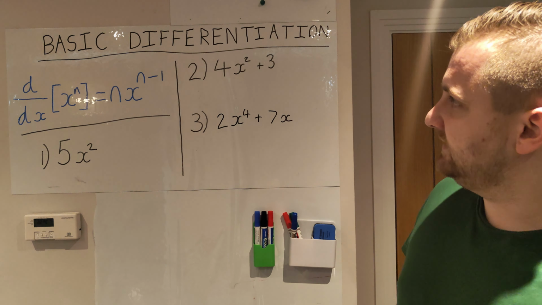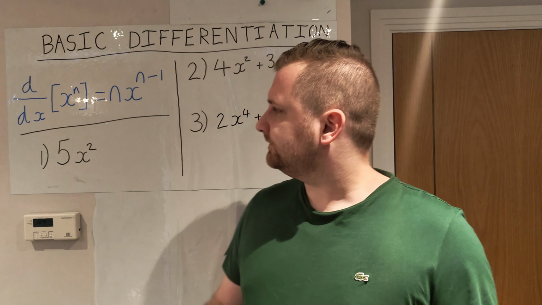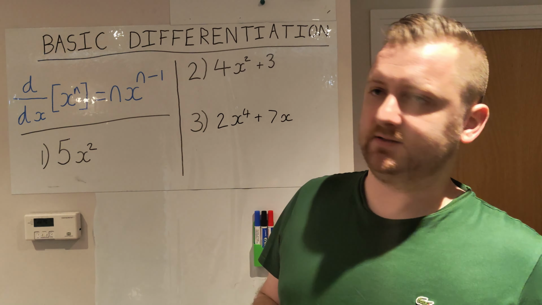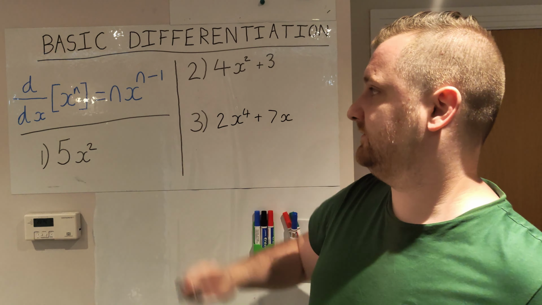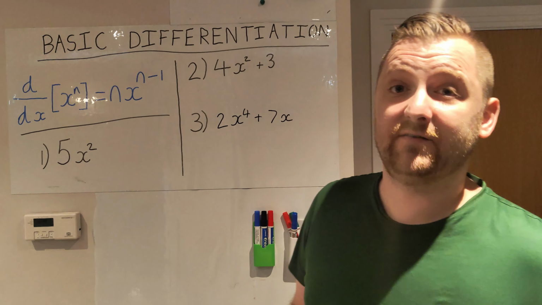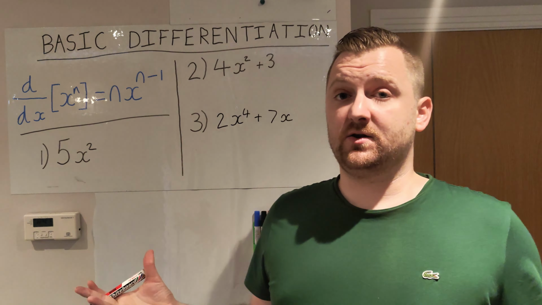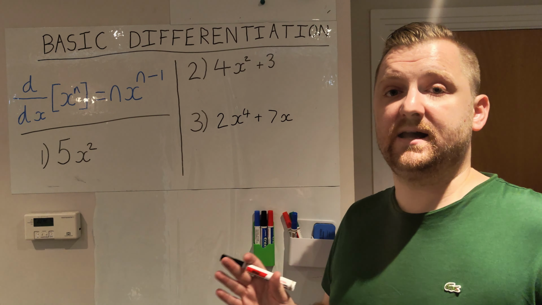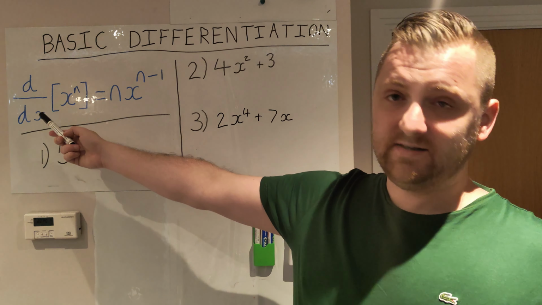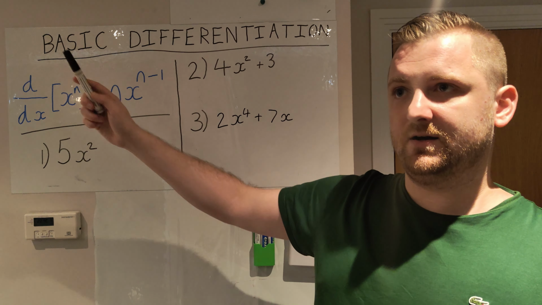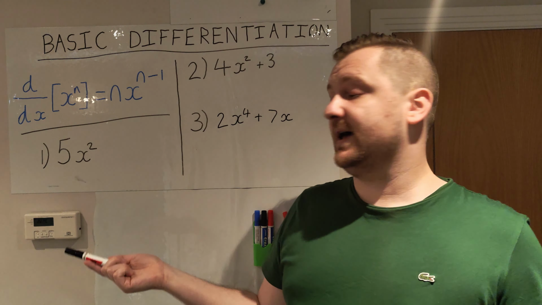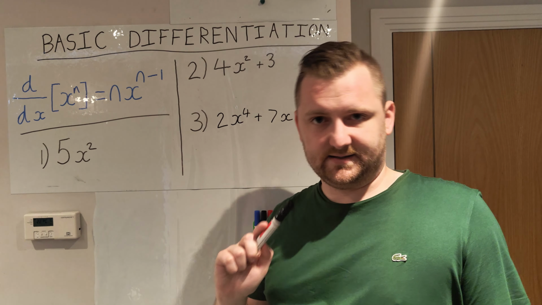Getting into the basic concept of differentiation, we have d over dx of x to the power of n is equal to n times x to the power of n minus 1. That might not make a lot of sense, but let me break down each part. d over dx just means we are differentiating with respect to x.